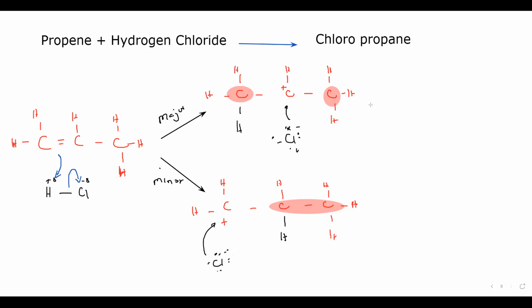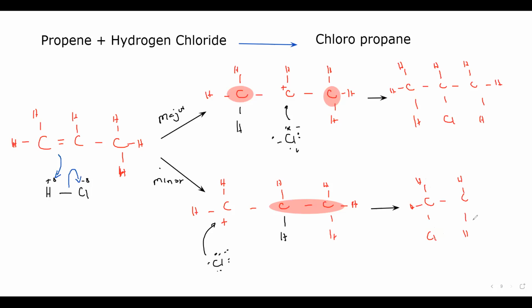So this will be the product, chlorine attached to the second carbon, and here as a result the chlorine will be attached to the first carbon.